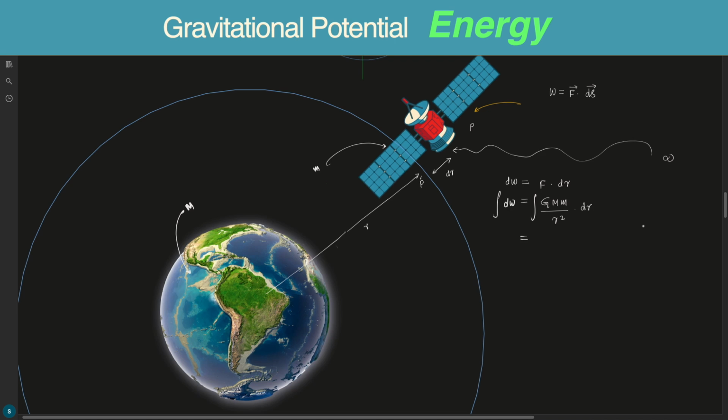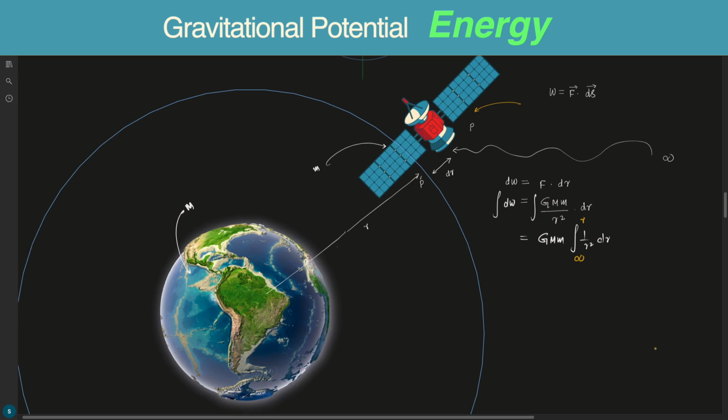We know the basic idea of integration: all the terms go outside, other than the 1 by r square dr. Now if I ask you what the limit of this integration will be, pause the screen and think: what will be the limit for r? I believe you have tried, and the limit of r will be from infinity to a distance r.